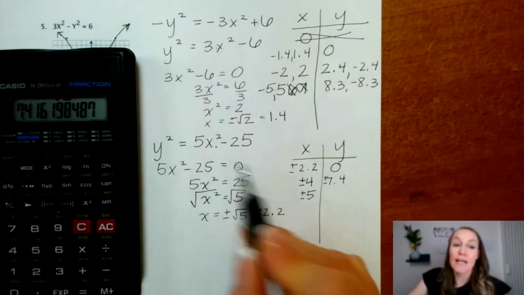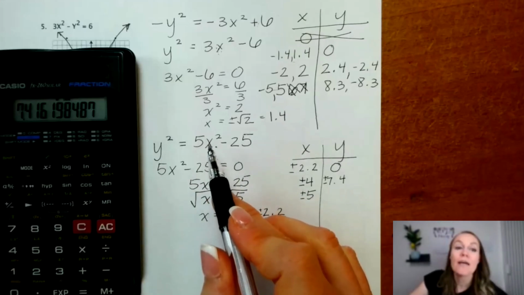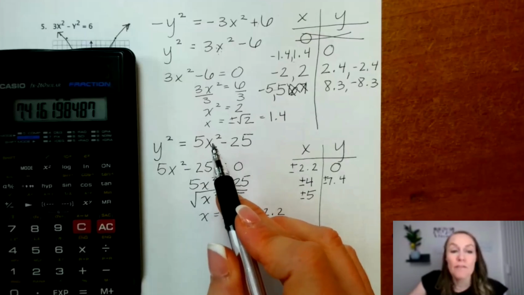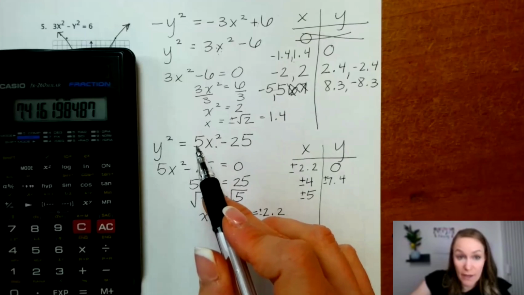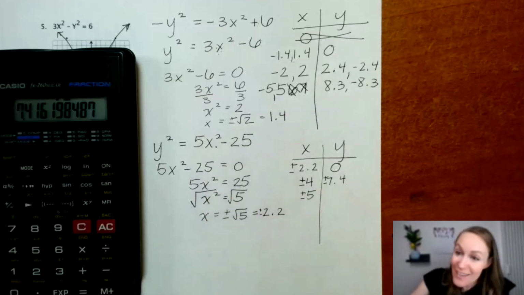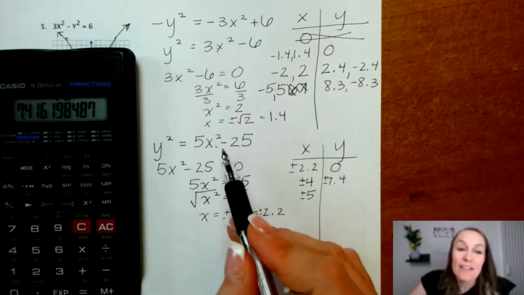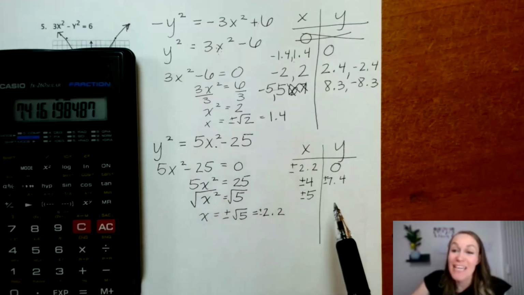I'm going to plug in plus minus 5. That's going to give me positive 25. 25 times 5, thinking quarters, it's going to be 125. 125 minus 25. Hey, that works out pretty even. That's 100. Square root 100, that's going to give me 10.